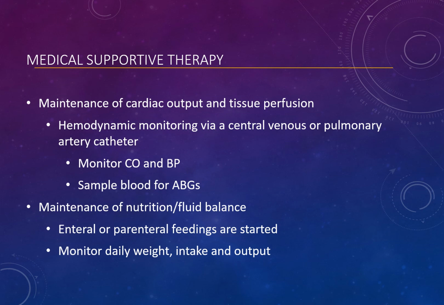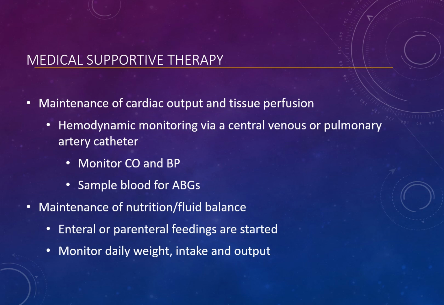So we really want to make sure that we maintain our perfusion and definitely our cardiac output as well, because if we're already having problems with oxygenation, it wouldn't be good if we're also having problems with perfusion. So we want to make sure that we're paying attention to that. Patient might need some crystalloid fluids.